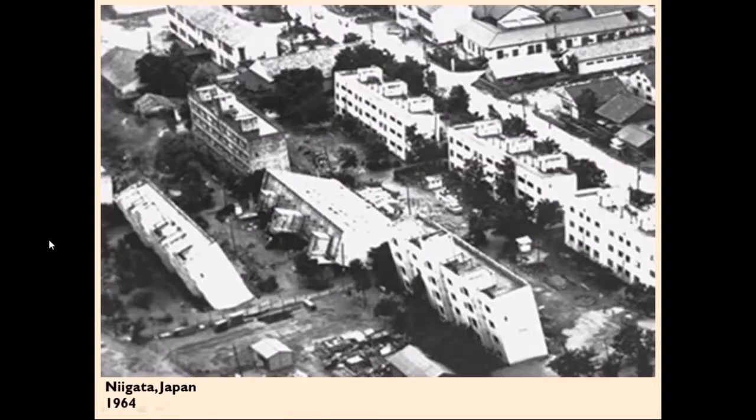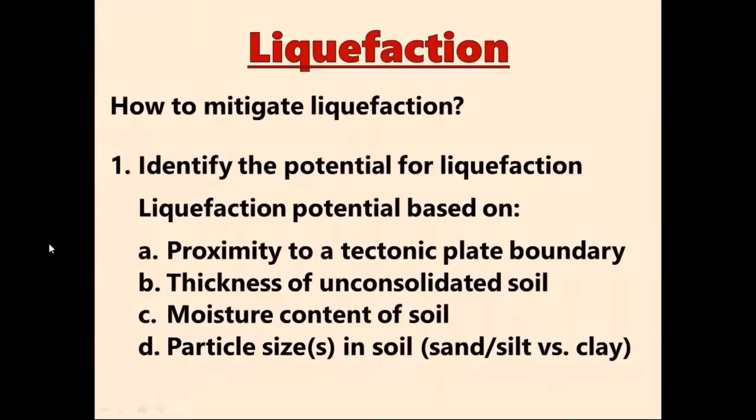Back in Japan, 1964, Japan's on a plate boundary, by the way, so a lot of earthquake and volcanic activity in Japan. 1964, entire buildings just simply toppled over due to the earthquake shaking the ground, causing soil to experience liquefaction, and the building just couldn't stand up anymore. Interesting to note that buildings remain relatively intact. They just fell over wholesale.